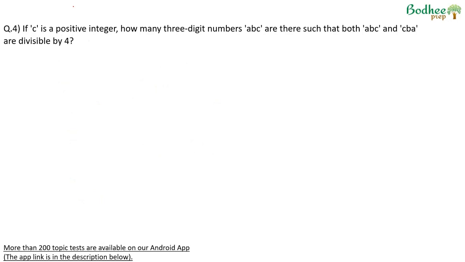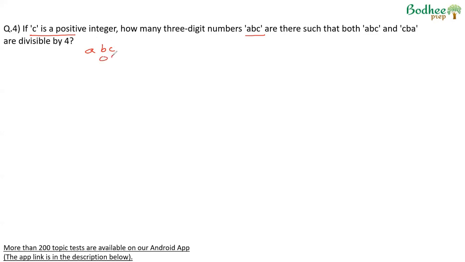If C is a positive integer, how many 3-digit numbers ABC are there such that ABC and CB are divisible by 4? If ABC has to be divisible by 4, C cannot be 0, and obviously A will not be 0, otherwise ABC will not be a 3-digit number.